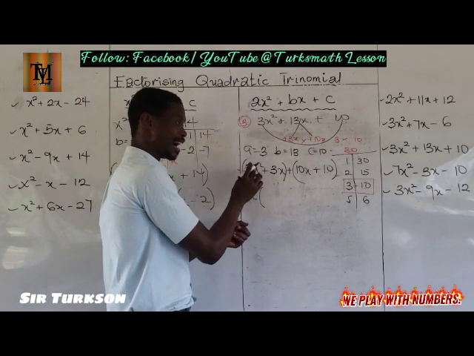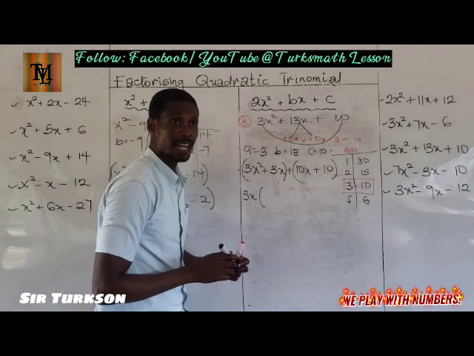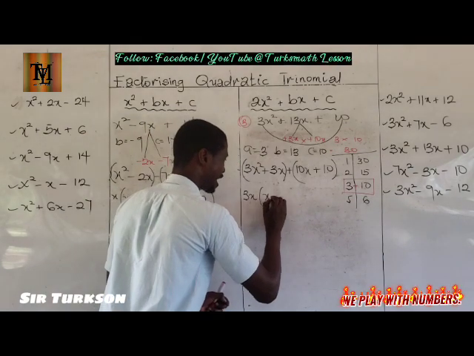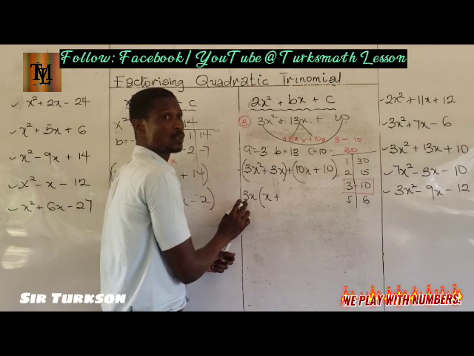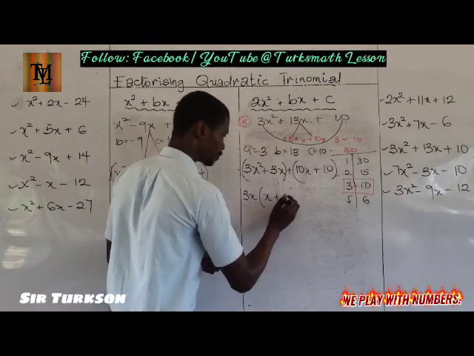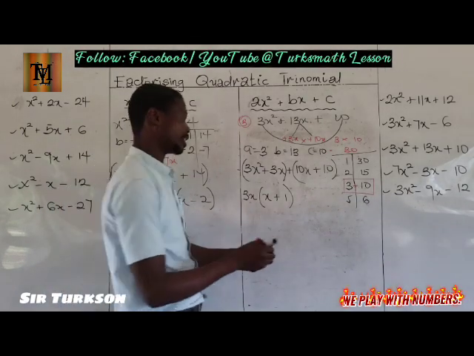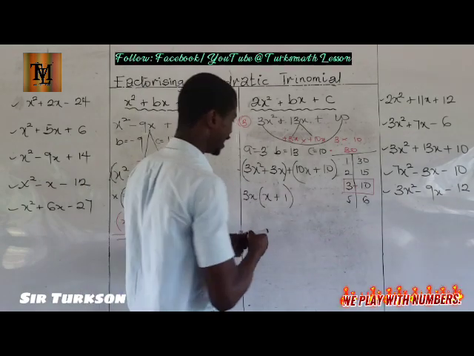3x squared divided by 3x is X. You write X plus, so 3x divided by 3x will give us 1. Very good. Now what is common here? 10.